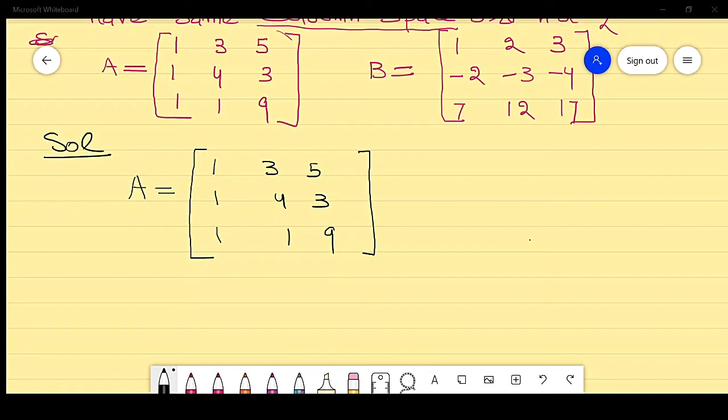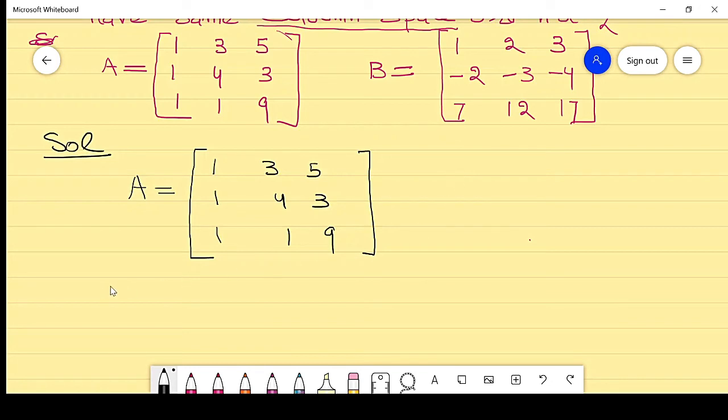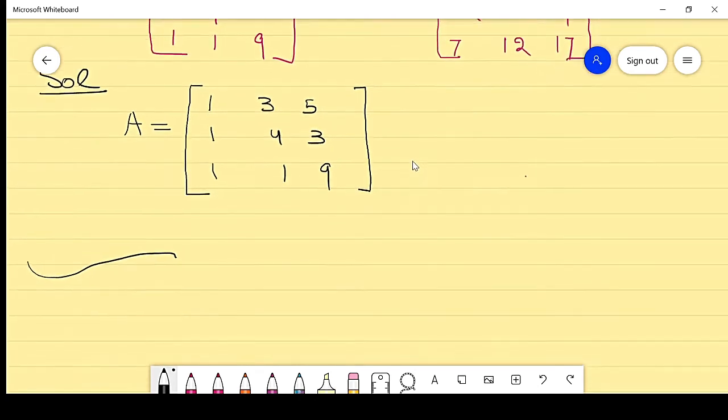So we will reduce it in the row reduced echelon form. So that is my A. So this is equivalent to this matrix.